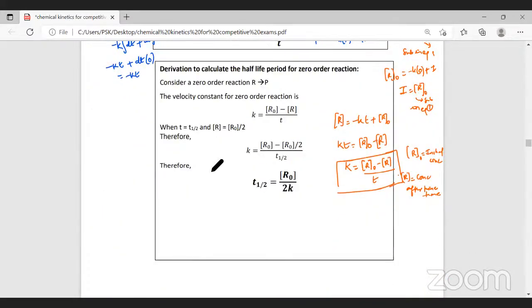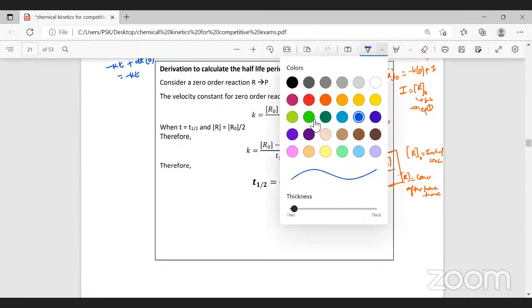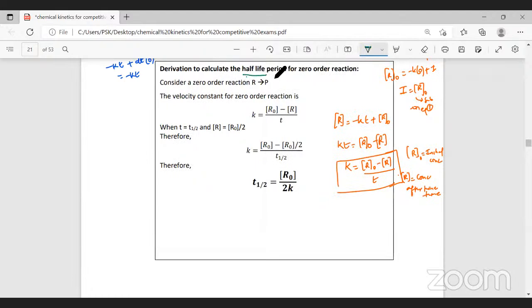The next derivation is here. Now, the relation between half-life period and zero-order reaction. Derive to calculate the relation between half-life period and zero-order reaction. Now we will consider a reaction here. I'm writing it in another color.